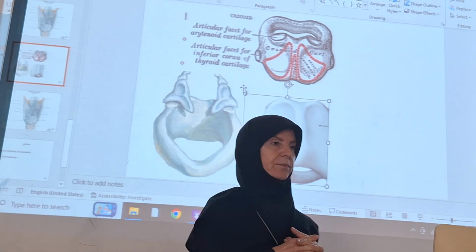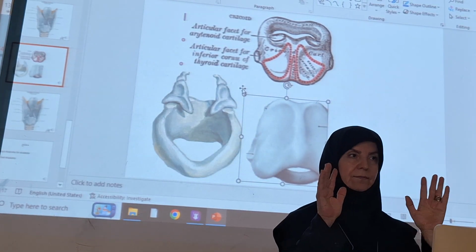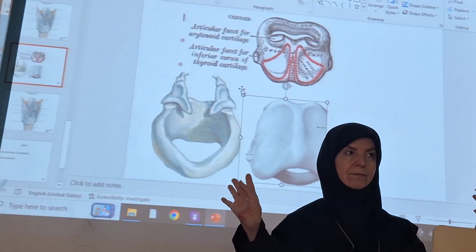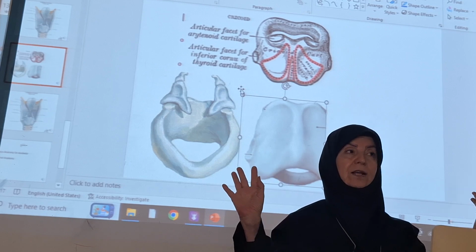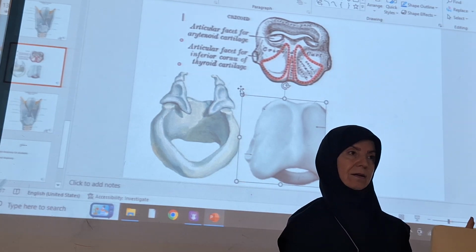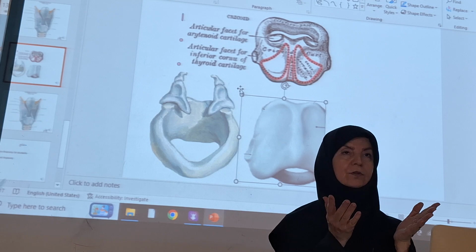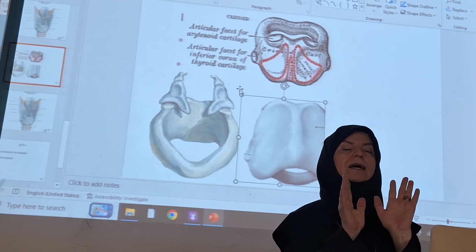It moves these cartilages inferiorly, or laterally, and it changes the sound to make voice. Look here.